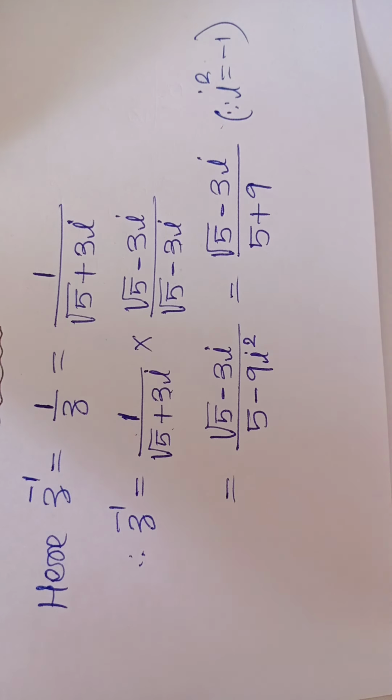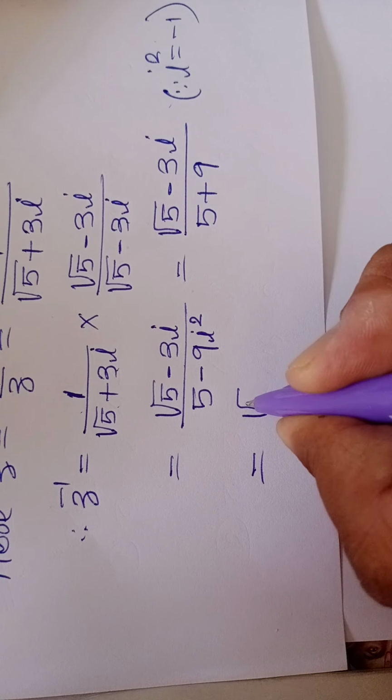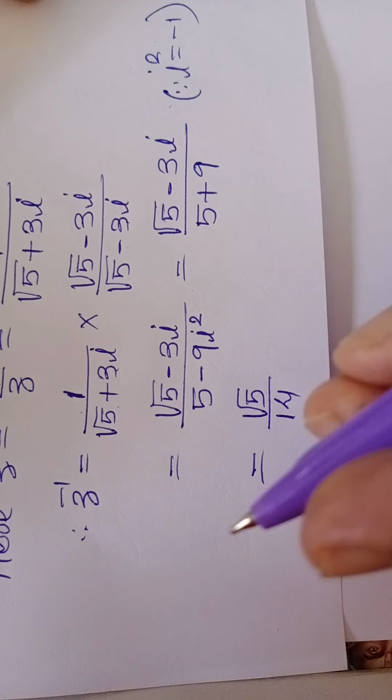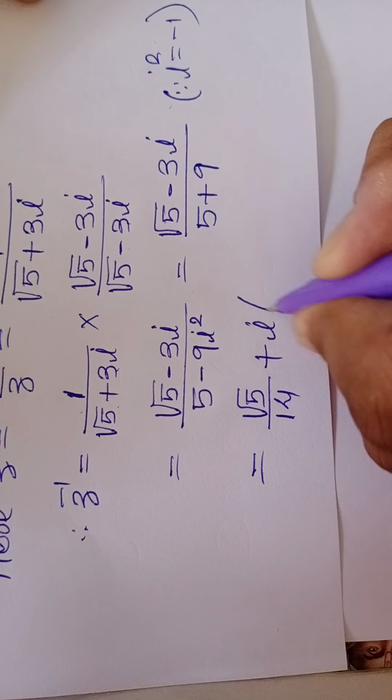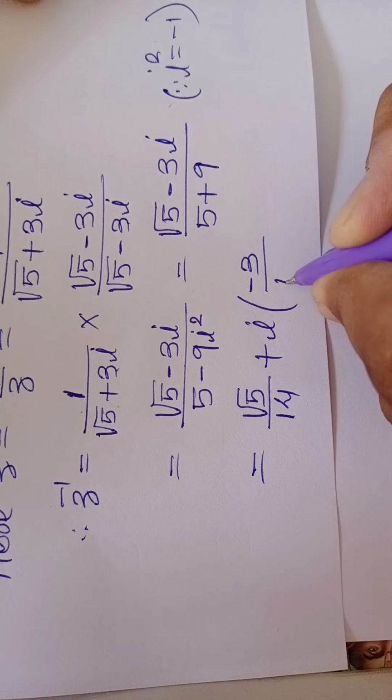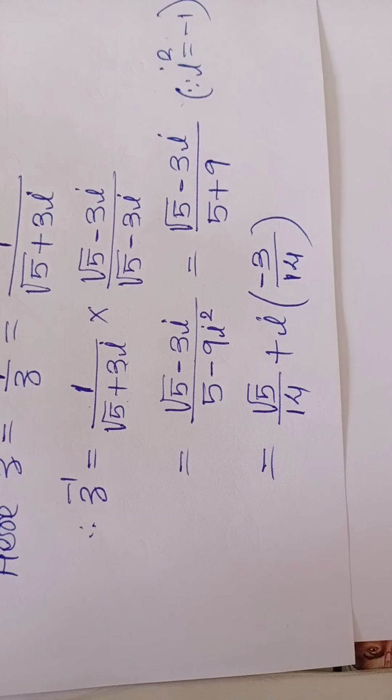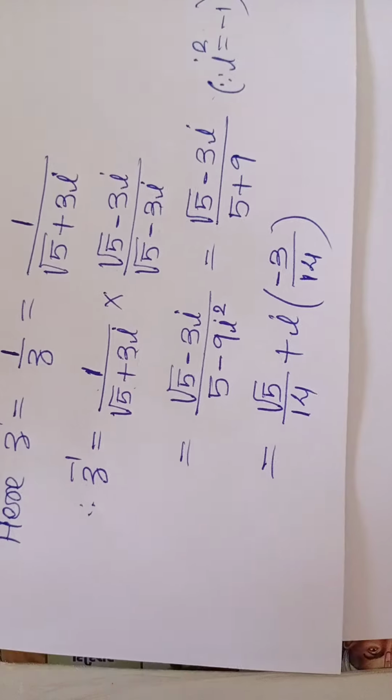Now this is a complex number of the form a plus ib, but we may express it as root 5 by 14, since 5 plus 9 is 14, plus i into minus 3 by 14. Yes, it is of the form a plus ib. So this is the method to find the multiplicative inverse, or in other words, the reciprocal of a given complex number, right?